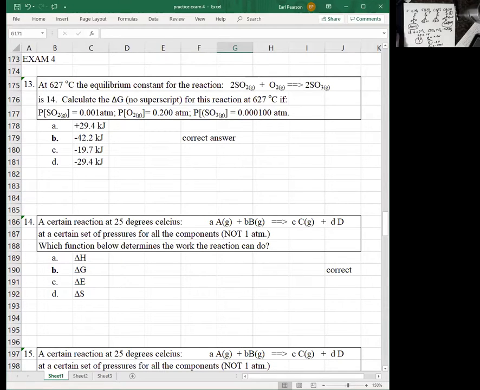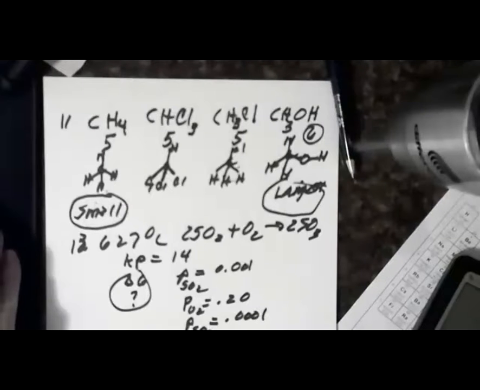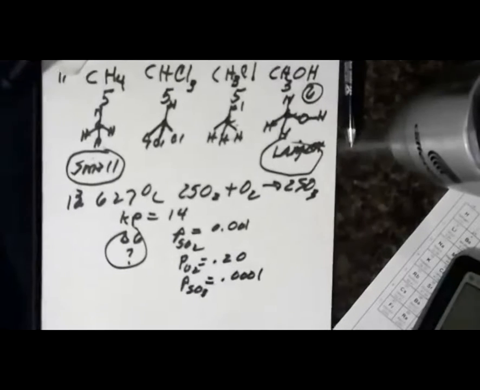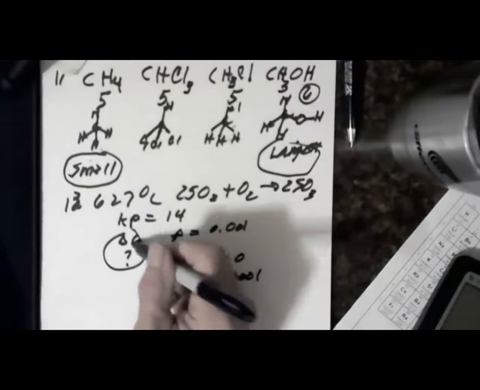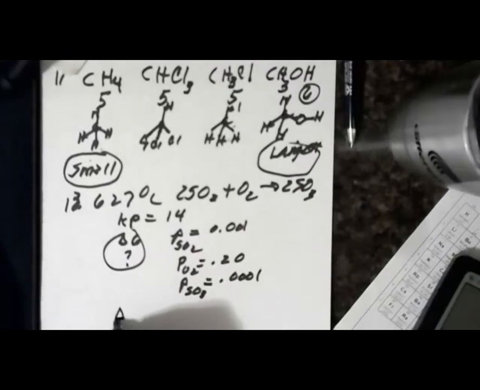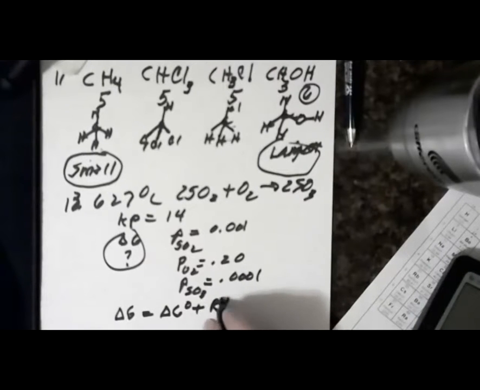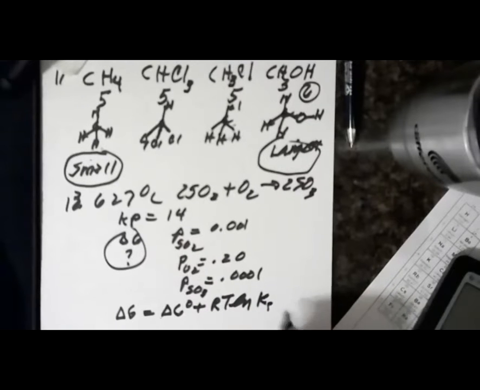Okay, let's go over to the pad. Delta G without the superscript is delta G with the superscript plus RT ln of Qp. I'm sorry, this should be Qp.